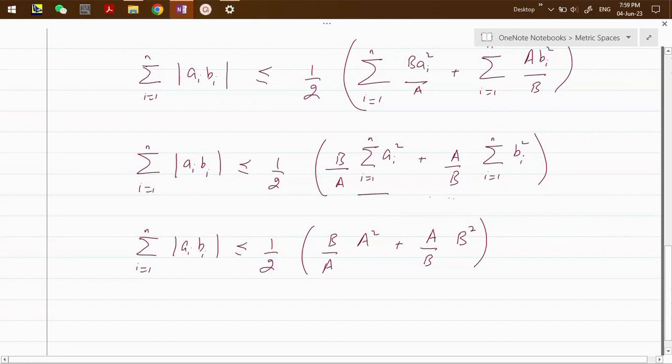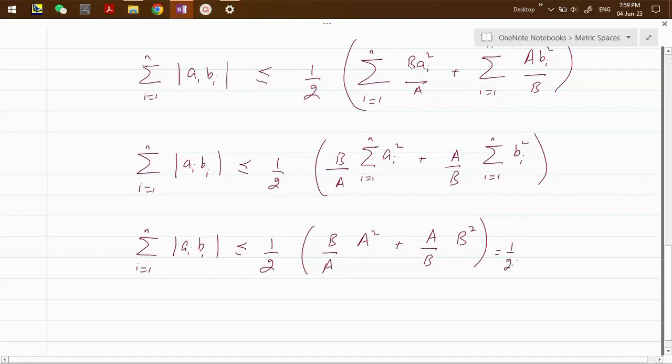We just put the value of a and b, because a is equal to root of summation ai square, and b is equal to root of summation bi square.